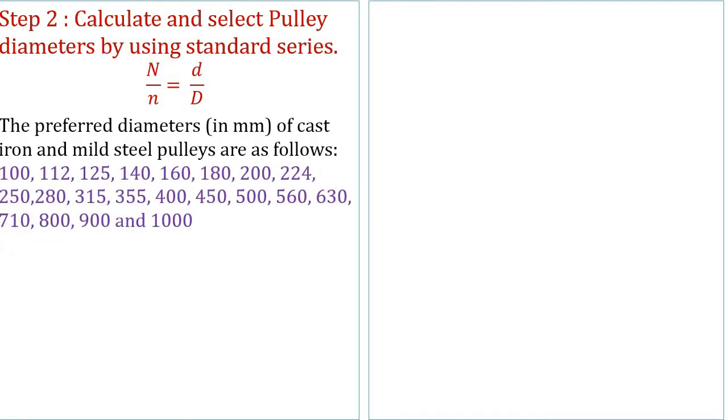Step 2, calculate and select pulley diameter by using the standard series. To calculate pulley diameter, we are going to use the transmission ratio, that is capital N by small n equal to small d by capital D. And this is the preferred series for the selection of a pulley's diameter.